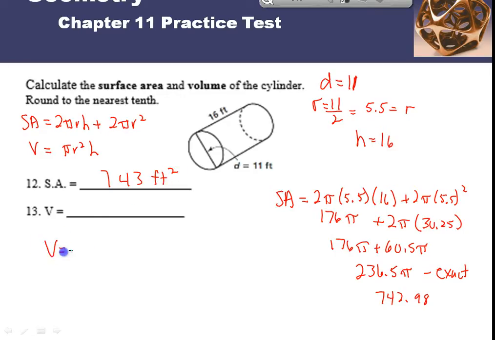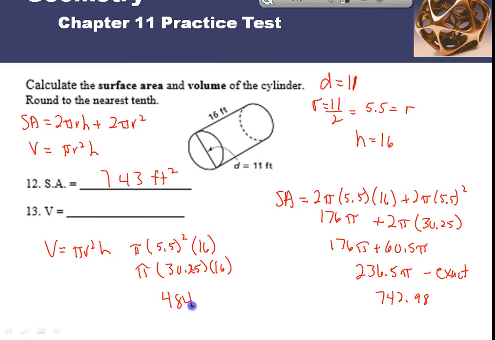Now for my volume, it's pi r squared h. So that's pi times 5.5 squared times my height, which is 16. And remember, 5.5 squared, we just did, it was 30.25. 30.25 times 16 is 484 pi.